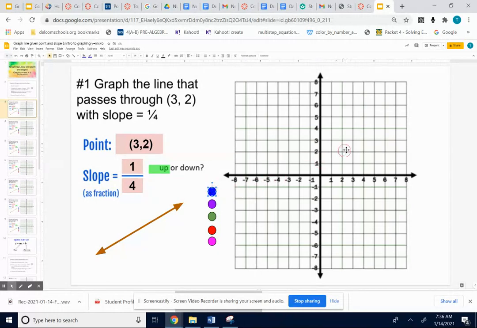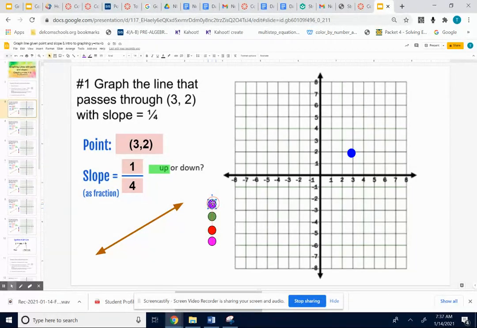Just drag one of the points there. It doesn't have to be perfect. Then from point (3, 2), we're going to travel using our slope, up 1/4 from there. So I'm going to grab a second point. I'm going to left click on it.